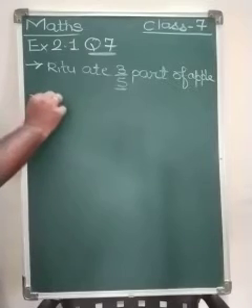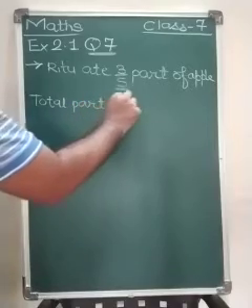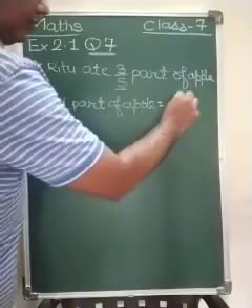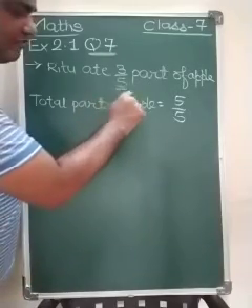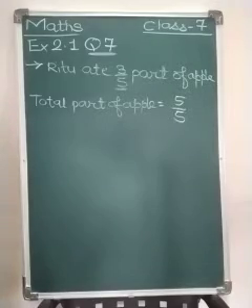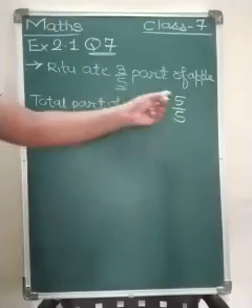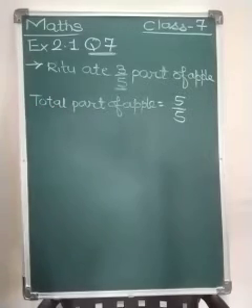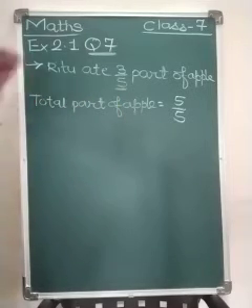So total part of apple equals 5 upon 5, which means a whole apple. It has been divided into 5 parts, and out of those 5 parts, 3 parts have been eaten by Ritu. So the total part of apple is 5 upon 5, that means 1 whole. Out of 5 upon 5, 3 upon 5 part of the apple is eaten by Ritu.